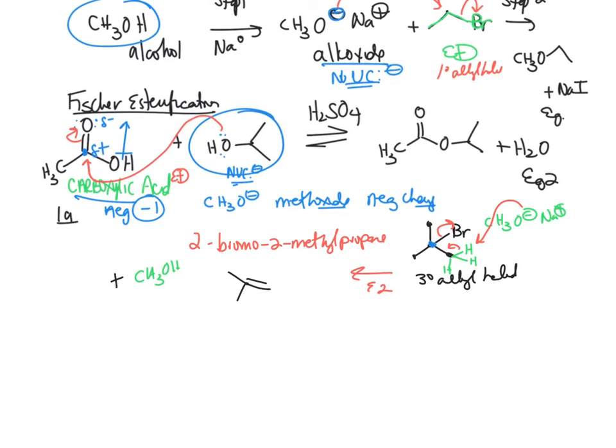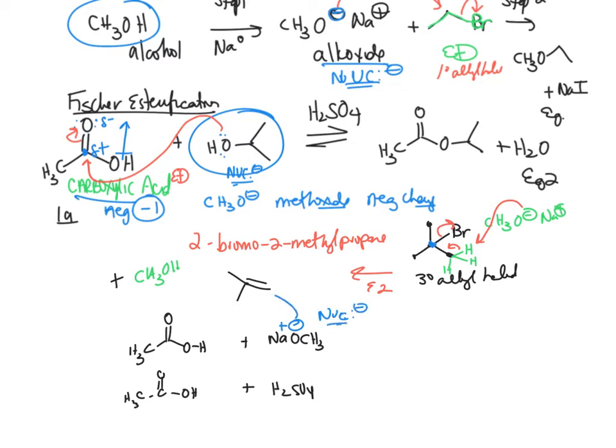All right, so then we draw the reaction. So if you have something like this with sodium methoxide, or if you have your acetic acid with sulfuric acid, indicate the role the alkoxide plays as a nucleophile or electrophile. So here, this would be a nucleophile.